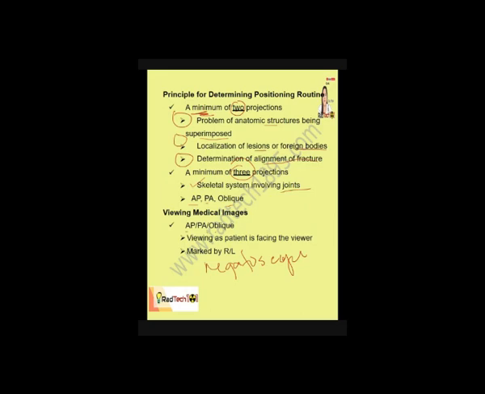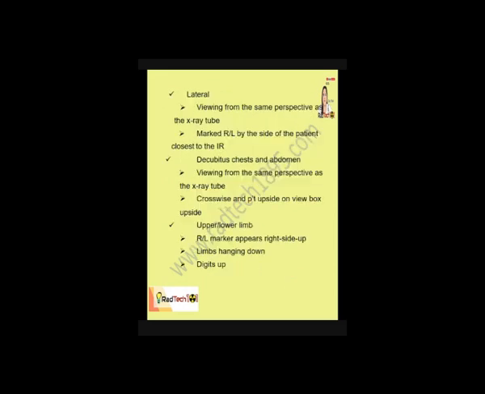So, tinitingnan, pinoposisyon natin yung ating radiograph as if nakaharap tayo sa patient. Okay? As if para tayo yung image receptor. Okay? So, laging nakaharap tayo sa patient and of course, kailangan tingnan yung markers. Kung tama ba yung markers. Kasi baka nakalagay right tapos nandun yung heart. So, baka ma-misdiagnose yung patient.